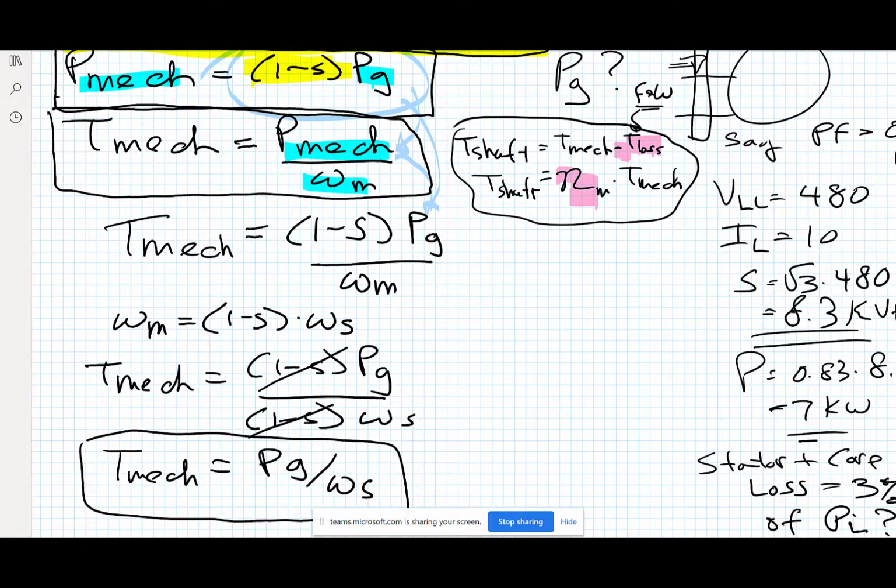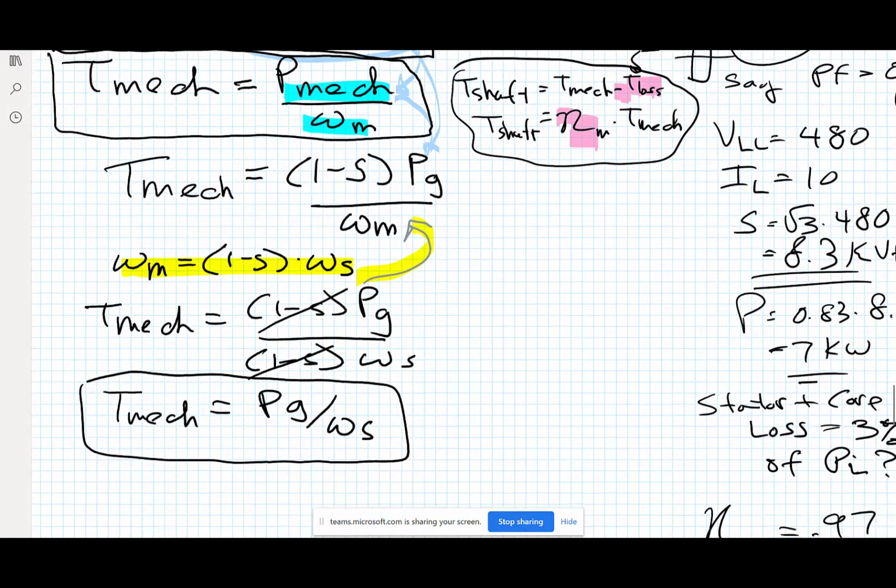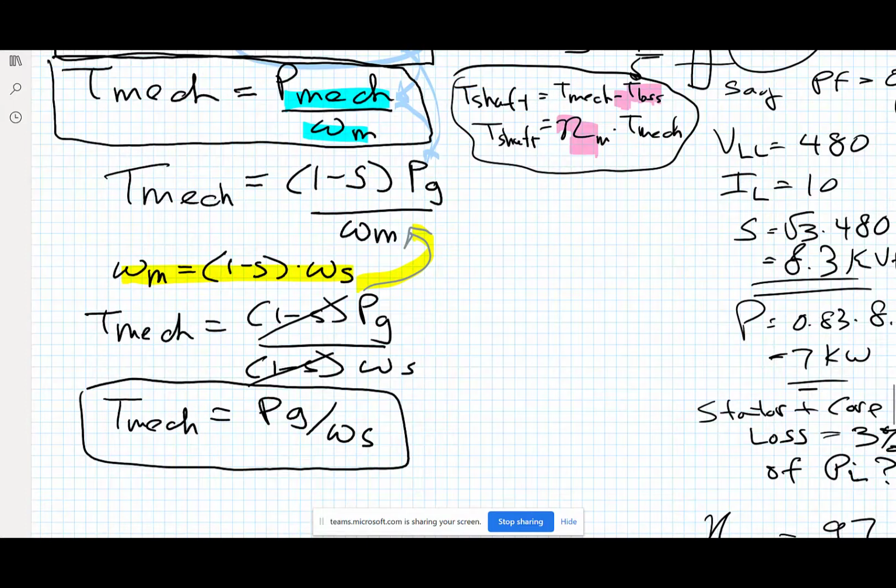And that is, remembering that my mechanical speed is 1 minus S times my synchronous speed, I'm going to plug this into here. And I'm going to come up with a new torque expression, the gap power divided by the synchronous speed.